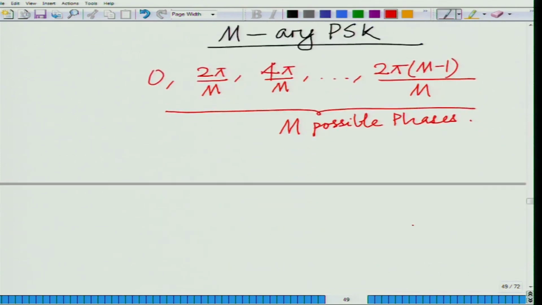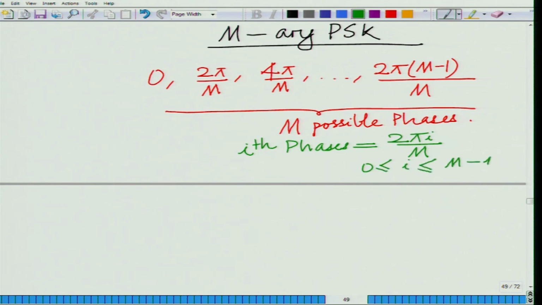The ith phase you can write as 2 pi i by M, where 0 is less than or equal to i less than or equal to M minus 1.